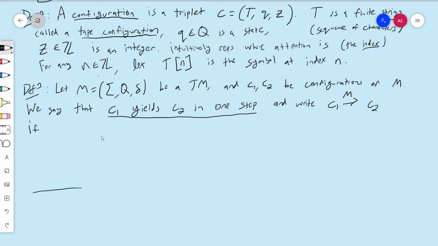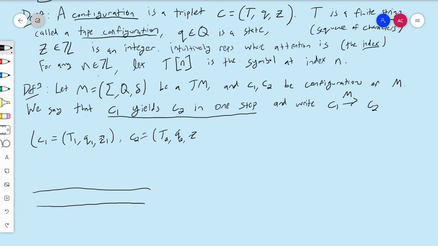Well, here's a configuration. Here's what it represents visually. I should probably actually define this. Let me do this. I want to make C1 equal to something. So C1 is going to equal, let's just say, (T1, Q1, Z1), and C2 is equal to (T2, Q2, Z2).